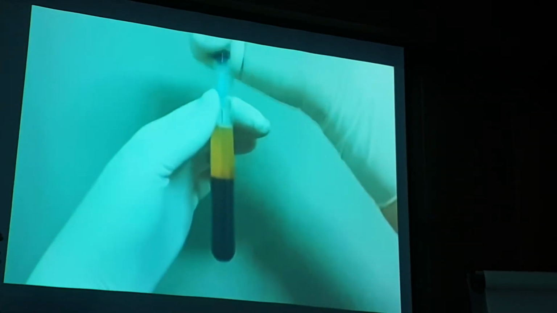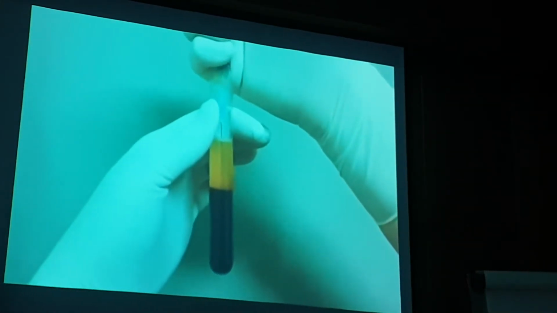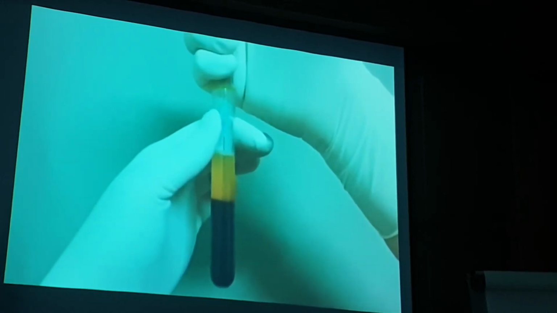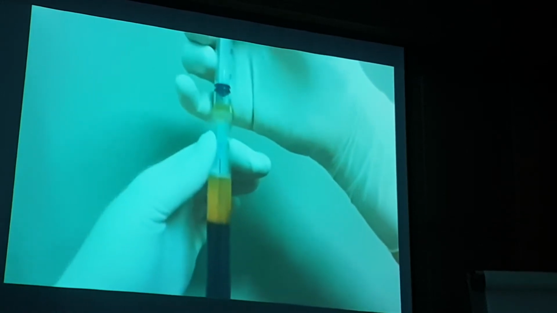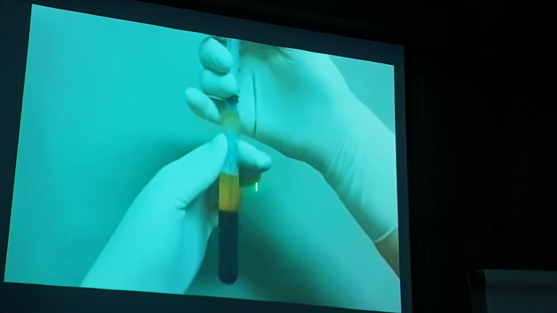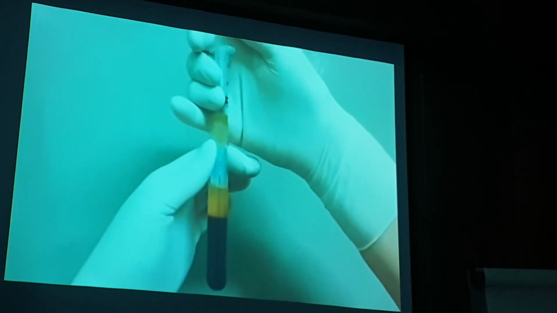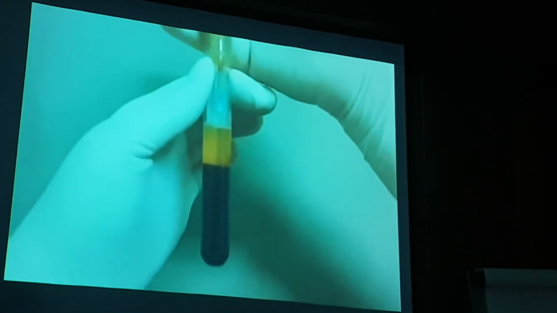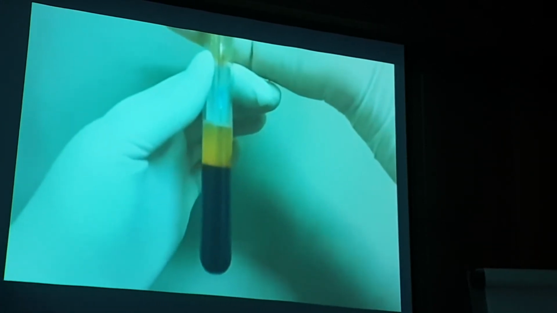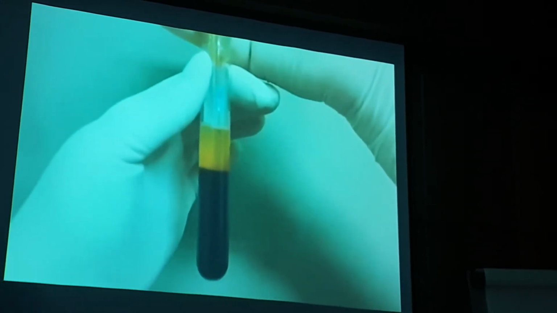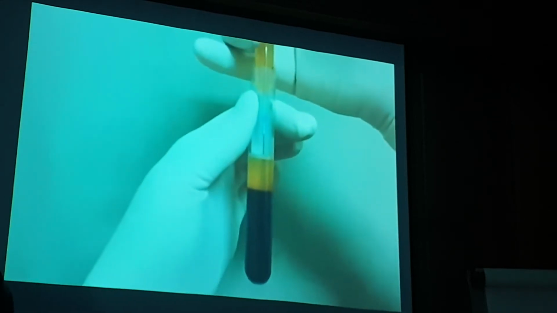So this is what we're going to do. We're going to spin down a tube for only 3 minutes with no clot activator. It means that this yellow portion is still fluid. We'll demonstrate this tomorrow. And we have some bone graft materials that I brought with me from the States that we'll be able to play with. We're going to draw off the fluid.